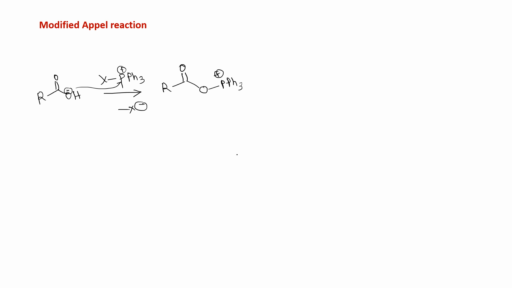Now under this condition, suppose I have taken a compound ethanolamine. So this is ethanolamine. Now this lone pair over nitrogen will act as nucleophile, and here this carbon oxygen bond will be broken. So this OPPh3 part is removed, and what we are getting is RCONH. Now this one OH is still there, right?